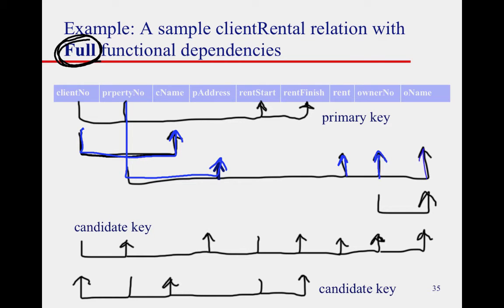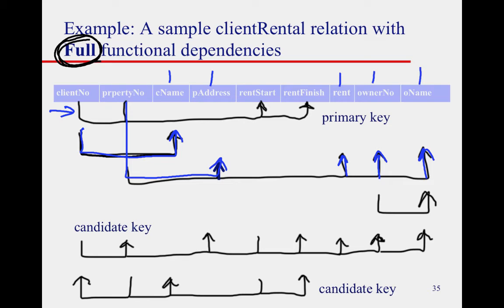So what we would be saying is if we included all the other attributes like client name, property address, rent, owner number, and owner name in this first relation, we have then a partial dependency because we can, with a smaller set of attributes, uniquely determine the client name by just using the client number, and we can uniquely determine the property address, the rent, the owner number, and the owner name just using the property number.